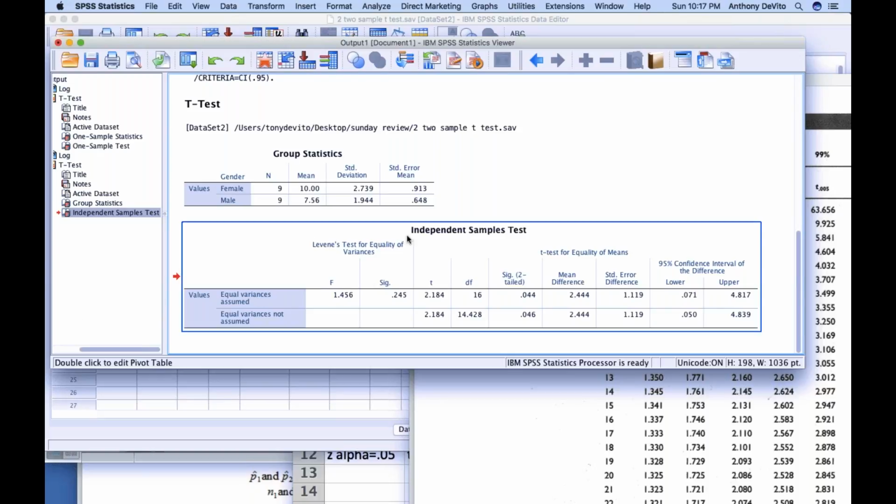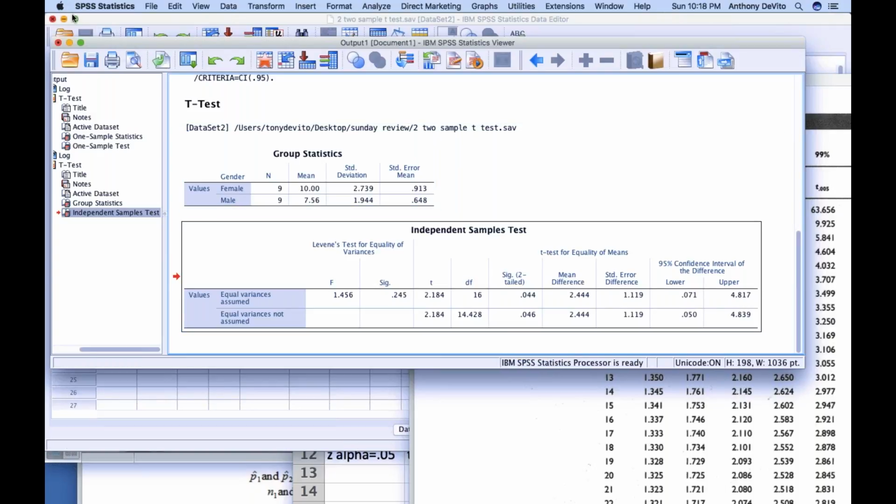Well, let's check our significance, our probability of being wrong if we reject the null hypothesis. We want that to be less than 5%. And in fact, just like this being bigger than our critical value, our significance or p-value is less than our tolerance for error. 0.044 is less than 0.05. So both cases tell me I can reject the null hypothesis.